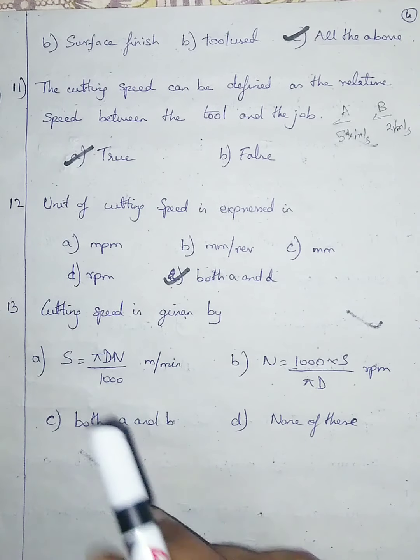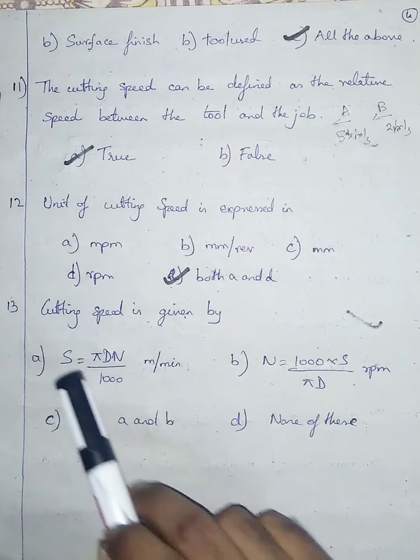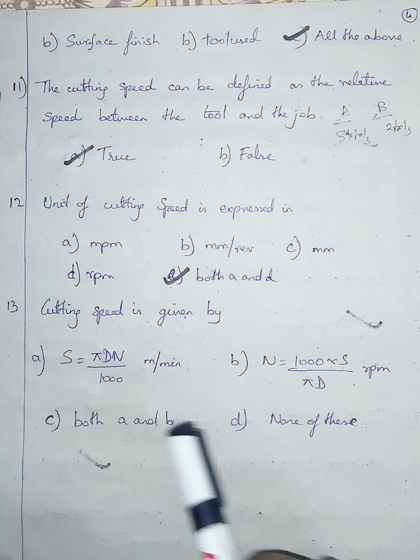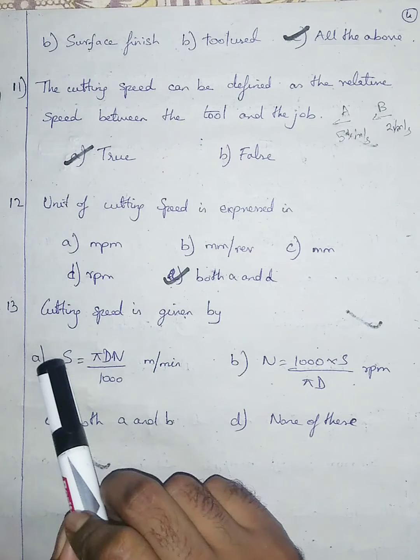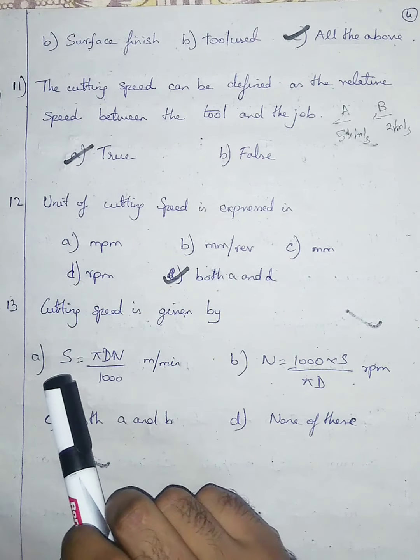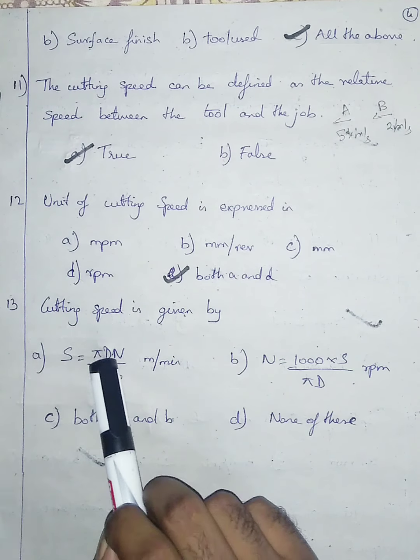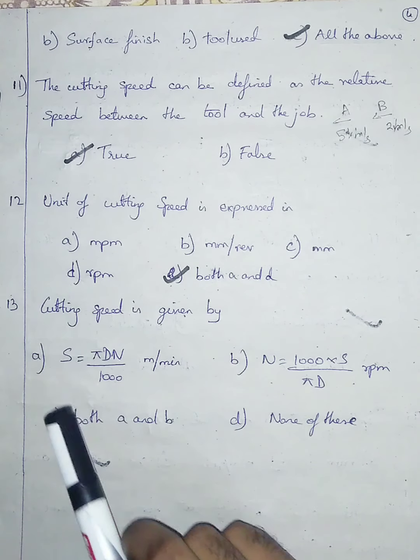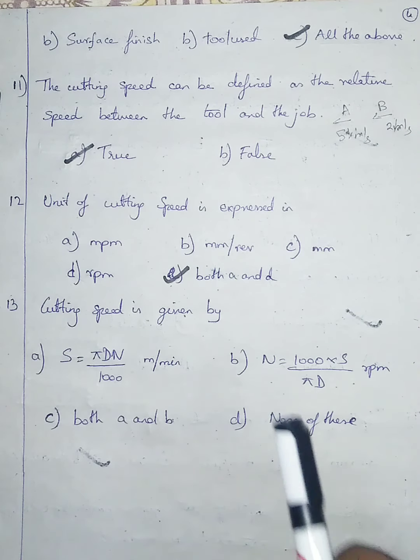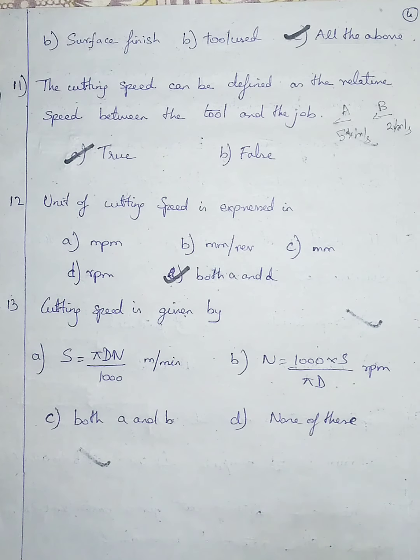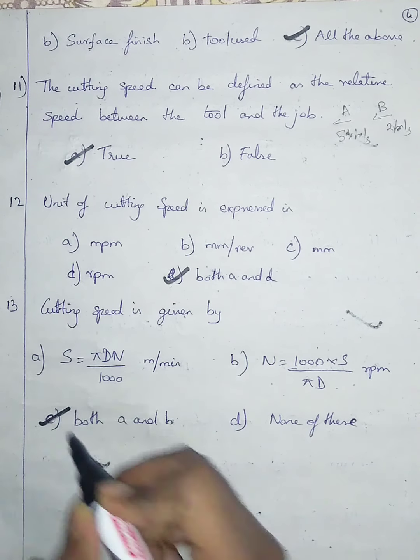You have the same formula. Just S is going to the denominator side. That is, this 1000 is coming to the numerator side of the S. Then pi and d are going to the denominator side. This forms the formula for n. So these two formulas are the same. So I'm going with option number C, both A and B.